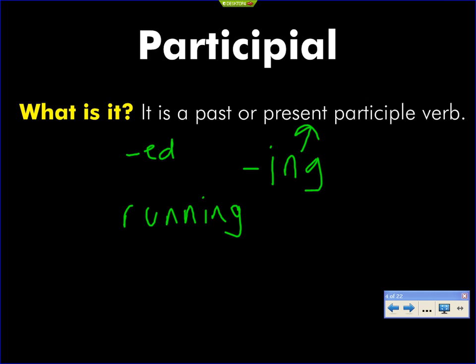What's the past participle? Breaking is the present. What's the past? I have broken. There you go. Broken is the past participle. So are they ED verbs? Sometimes. Sometimes they're irregular. For the past, you can't really tell what the suffix will be. It depends upon the verb.